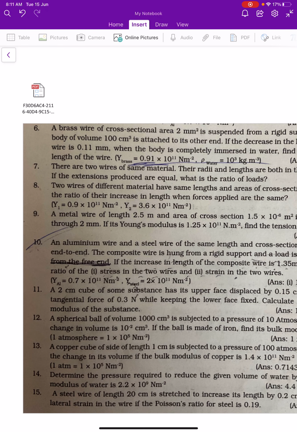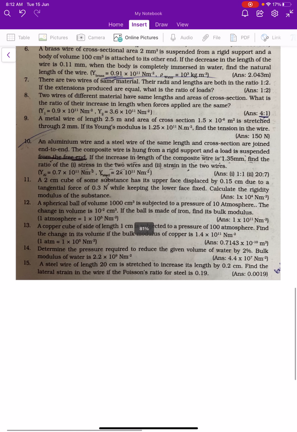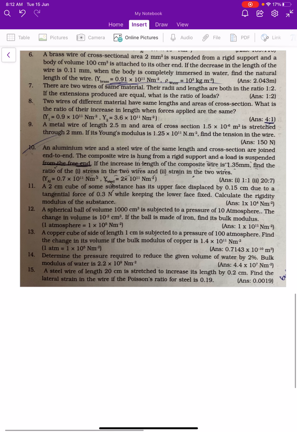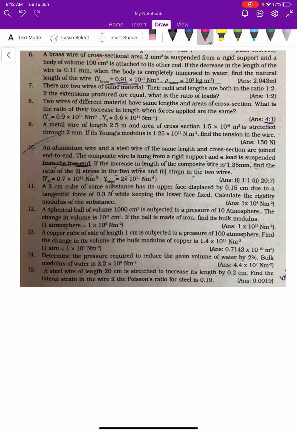So here the sixth problem is: a brass wire of cross-sectional area A equal to 2 millimeter square, that is 2 into (10 to the power of minus 3 meters) whole square, that is 2 into 10 to the power of minus 6 meters square.